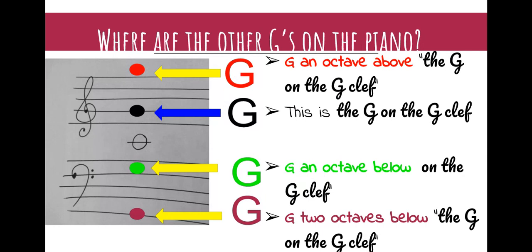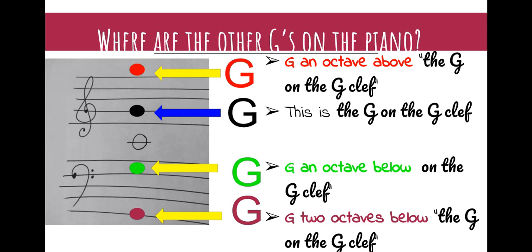Now, in this next photo, I'm showing all the Gs from the treble clef. So we've got the G which sits on the G clef itself, and then we have a G coloured in red, which is exactly an octave above that G, that sits just on top of the fifth ledger line in its own space.